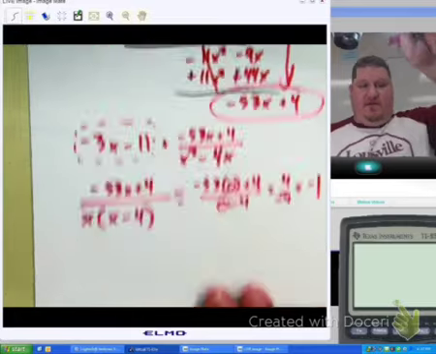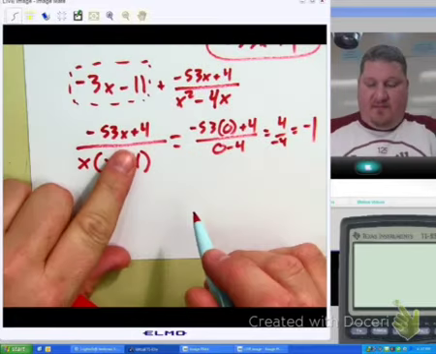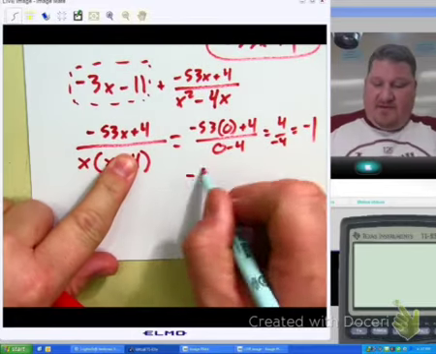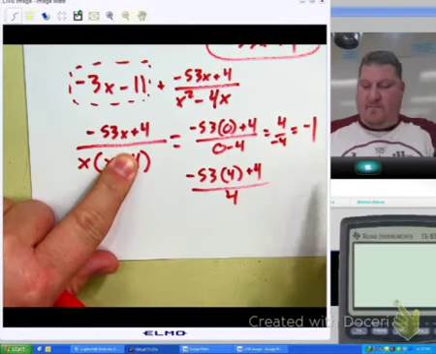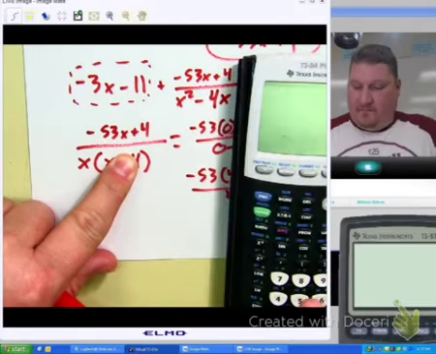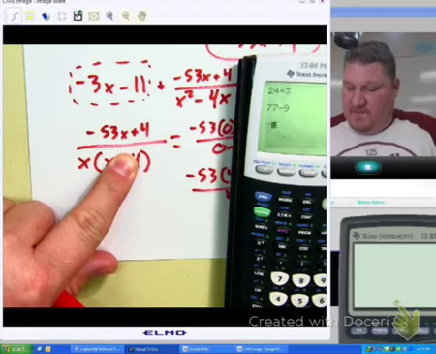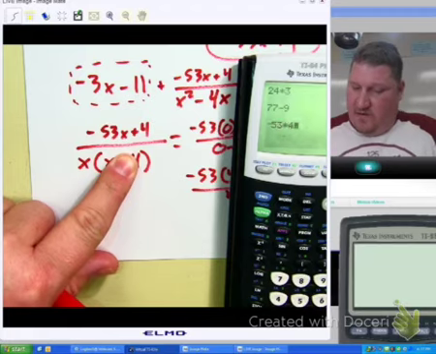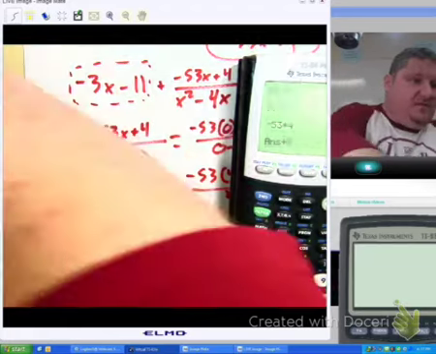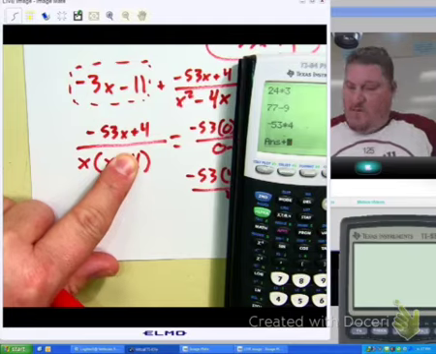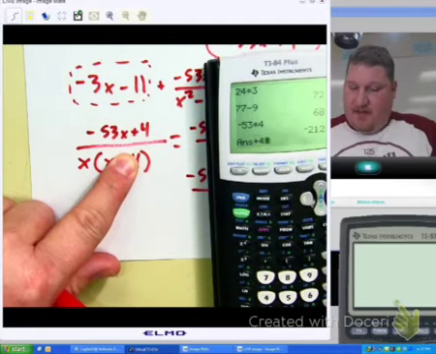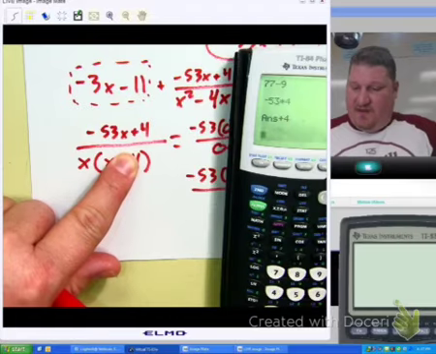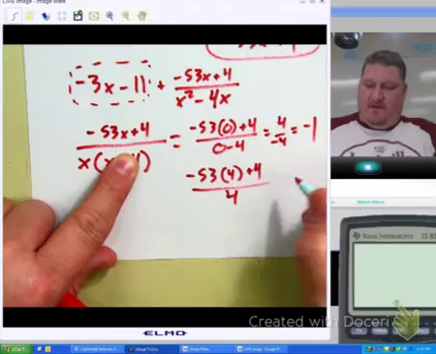So now we come up with negative 53 times 4 plus 4 all over 4. Negative 53 times 4, enter, plus 4, enter, divide it by 4. Come up with negative 52.